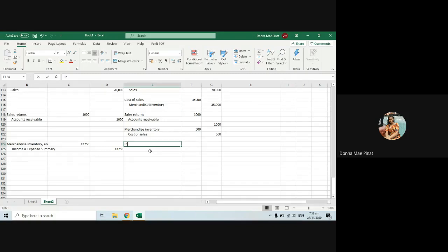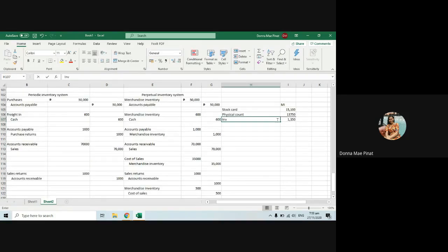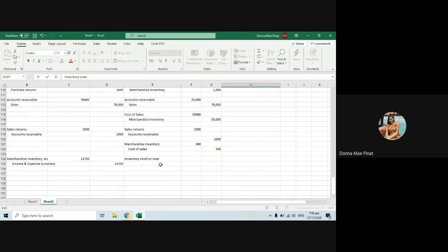You record it as inventory short or over. This is actually inventory over. Debit inventory short or over 1,350, and credit merchandise inventory 1,350.